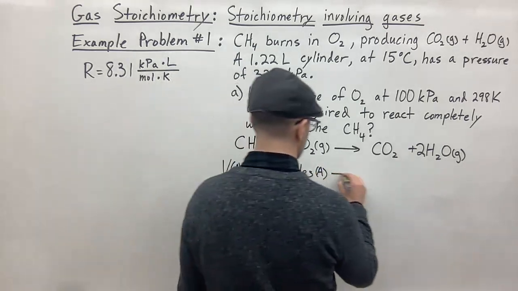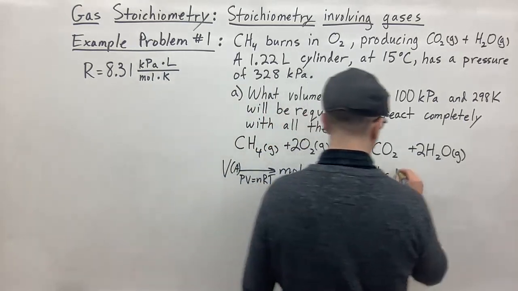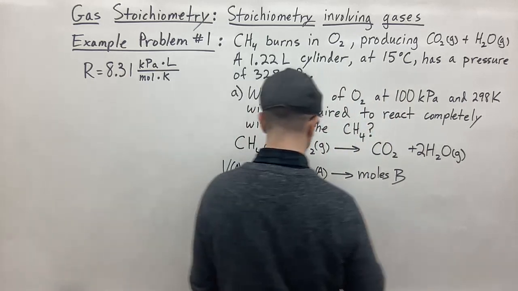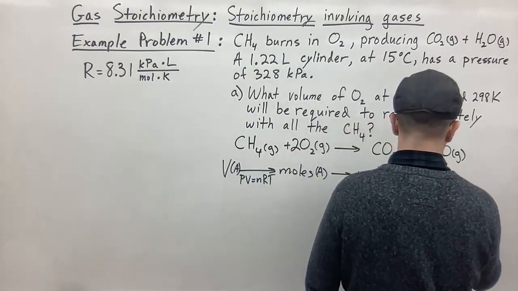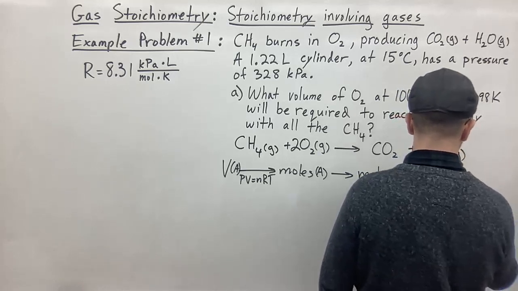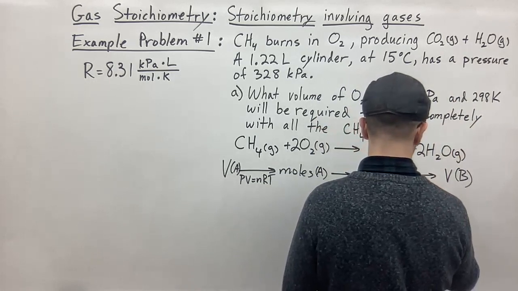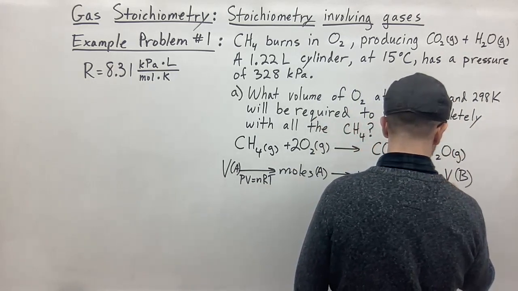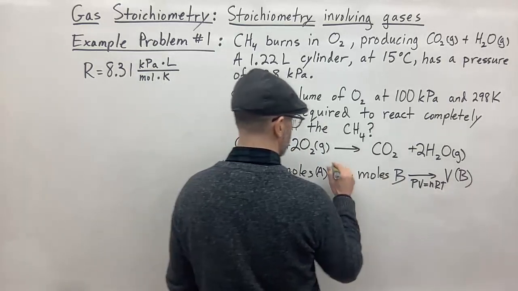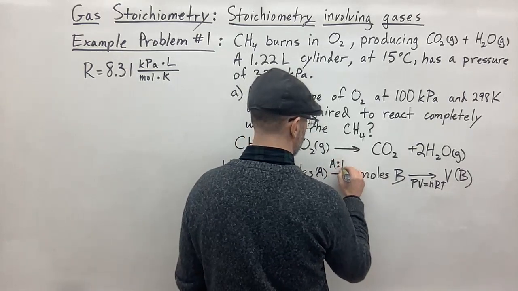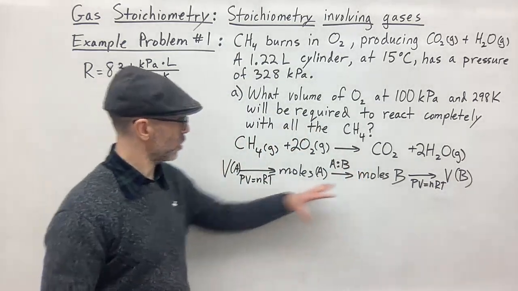Then from moles of gas A, we go to moles of B. And then from moles of B, we get volume of B, again using the ideal gas law, PV equals nRT. Going from moles of A to moles of B, we use our mole ratio in the balanced equation.